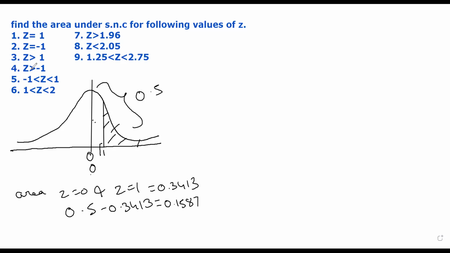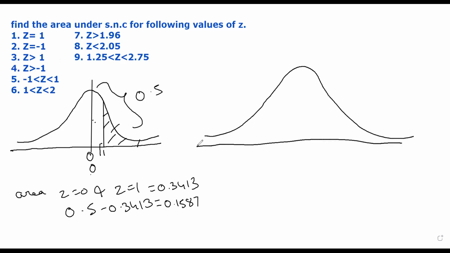Similarly, they have asked you area greater than Z is equal to -1. Now this is something different. On the standard normal curve, just to make you understand the concept, if you will see very properly, this is just like a number line. Here we will have all positive values.